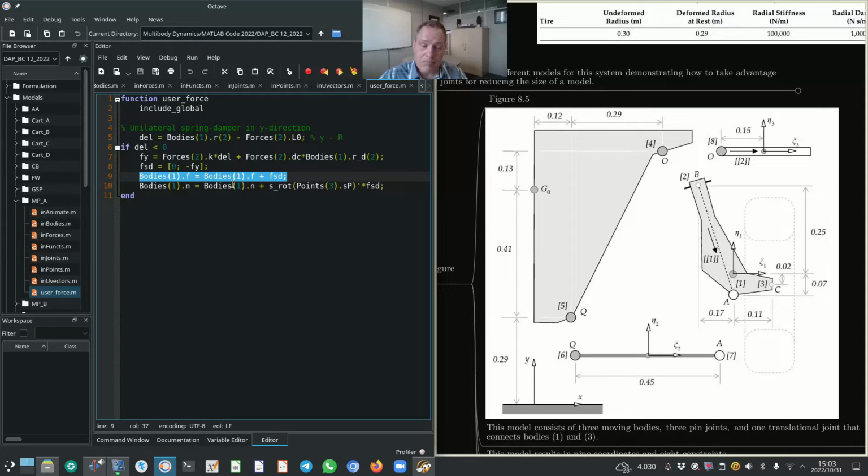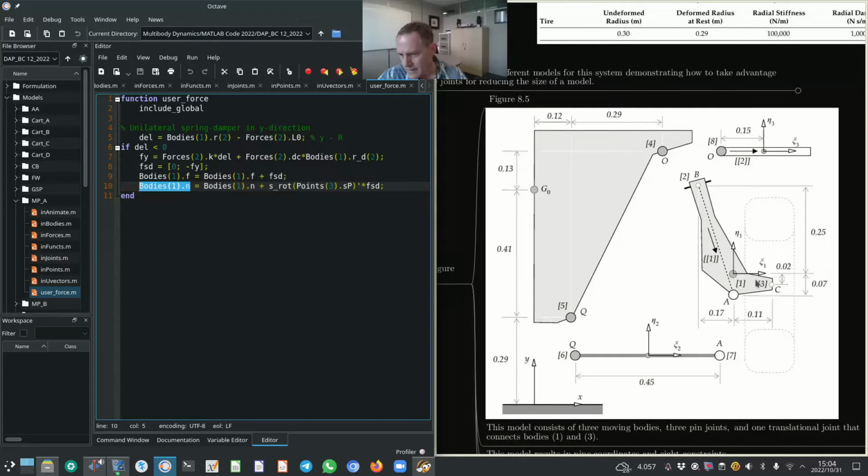Now, the next line of code adds moments to the externally applied moments that act on body 1. We didn't do that in the double A arm suspension, and I just want to point out the reason why that is the case.